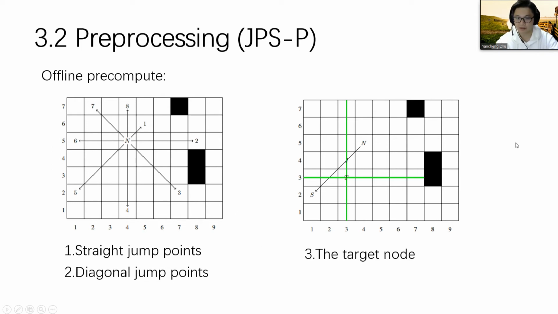In another case, you can pre-compute the target nodes with 2 lines. So if your planner hits these 2 lines, it will get the information: okay, there is a target node here. I can change the direction and get there.